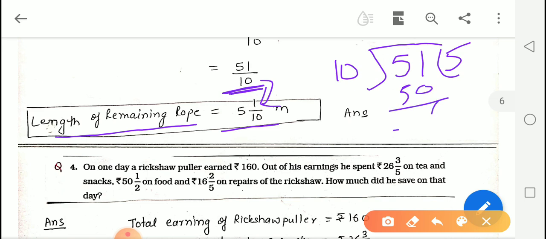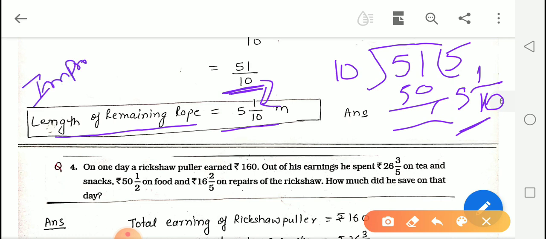We get the quotient 5 and remainder 1. So we write it as 5 1 upon 10. This is the way of converting an improper fraction to a mixed fraction. So this is our answer.